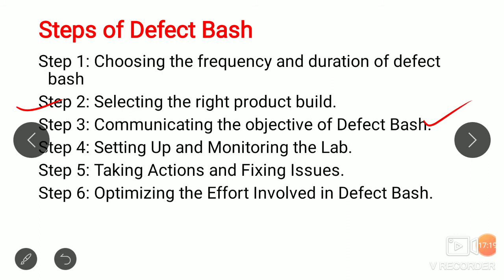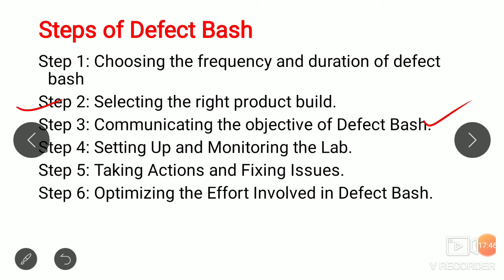Since defect bash involves people performing different roles, the contribution they make has to be focused towards meeting the purpose and objective of defect bash. The objective should be to find a large number of uncovered defects. Therefore, we need to communicate the objective of the defect bash.